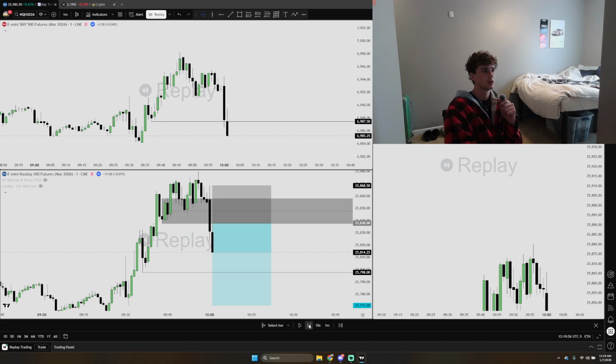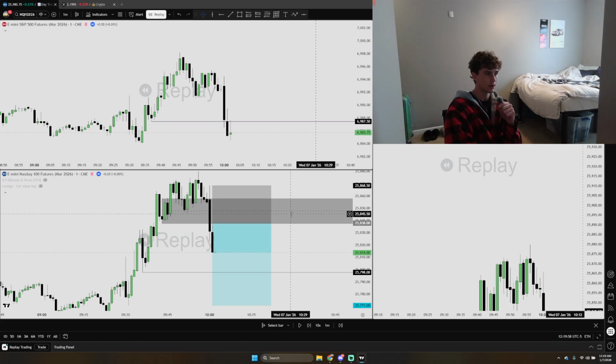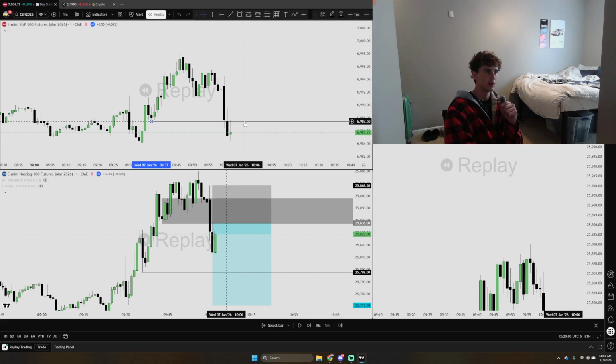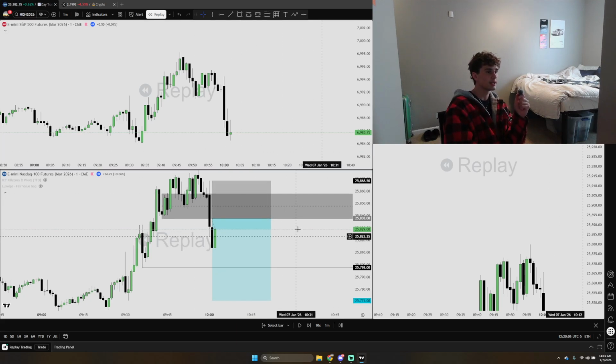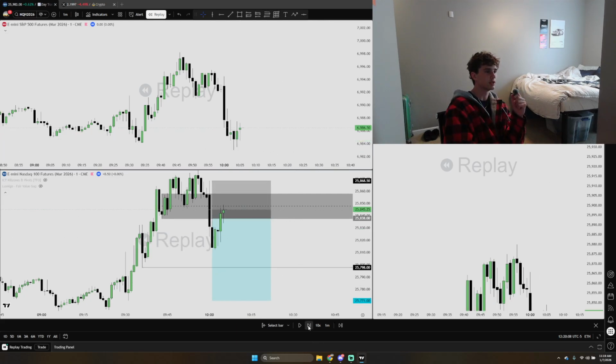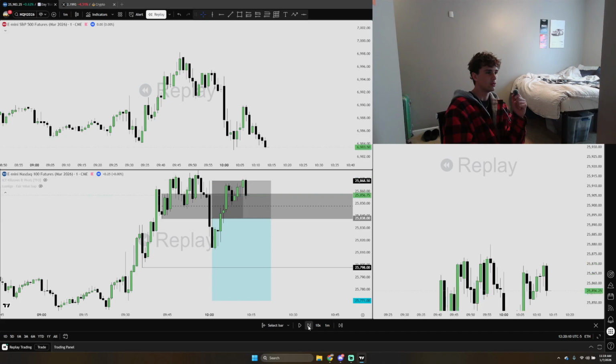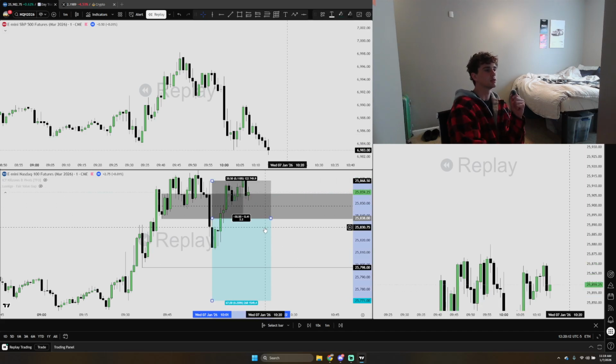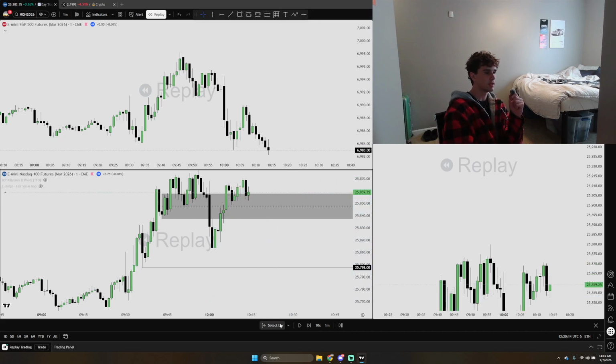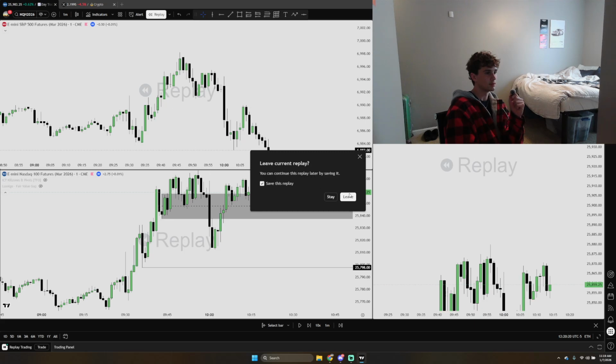If you know anything about trading, you can't take shorts after sweeping sell-side liquidity. So this is why I did not take this trade: we took out the invalidation low and it hit the stop loss of the imaginary trade that I would have taken. That's why it's important to look at ES.